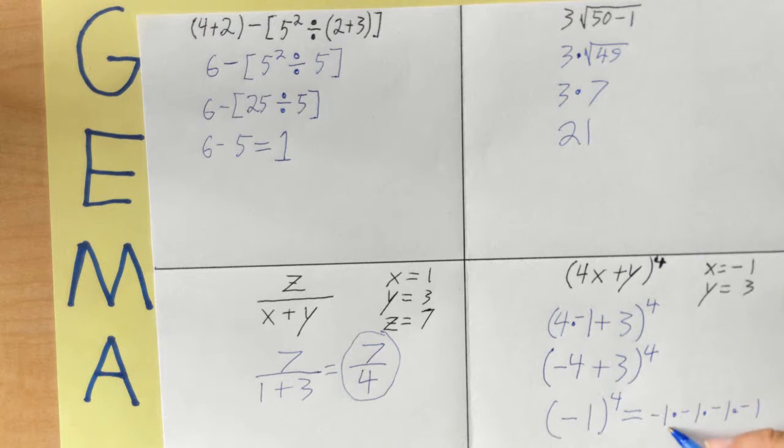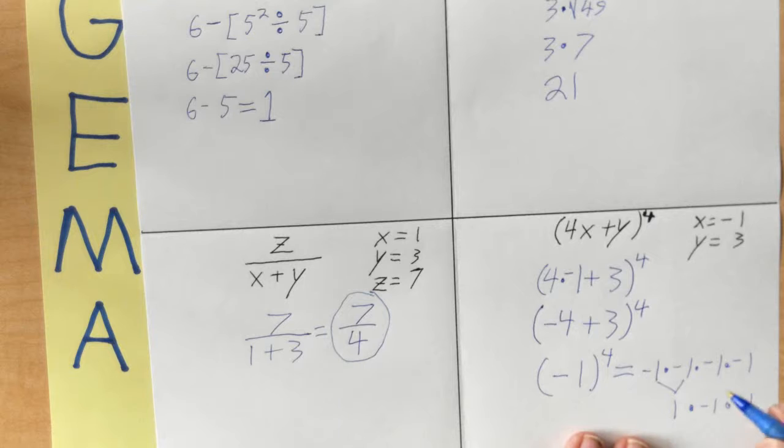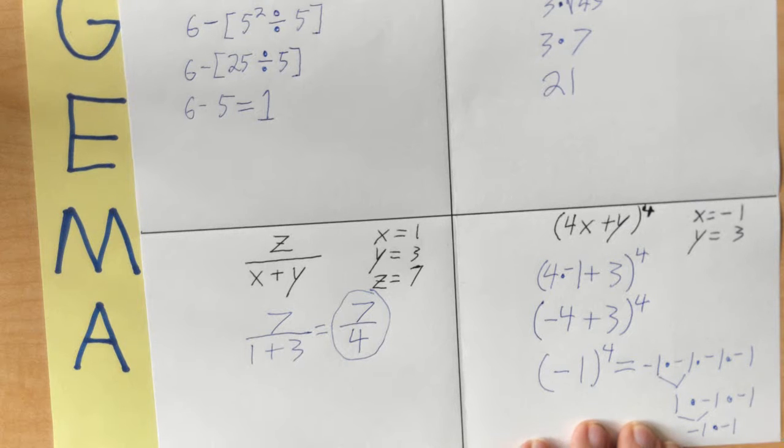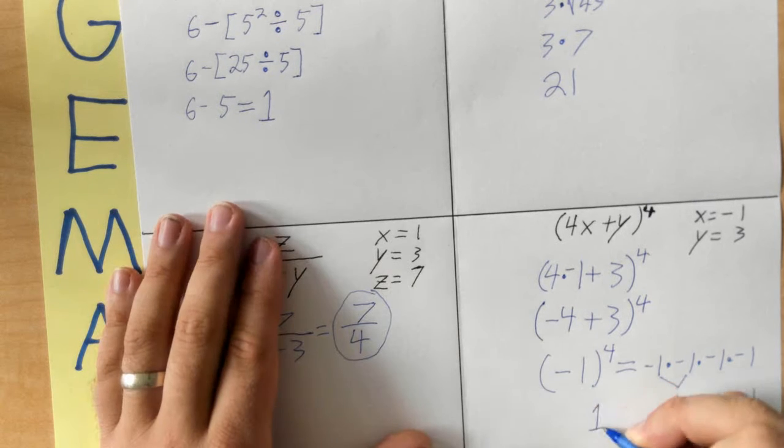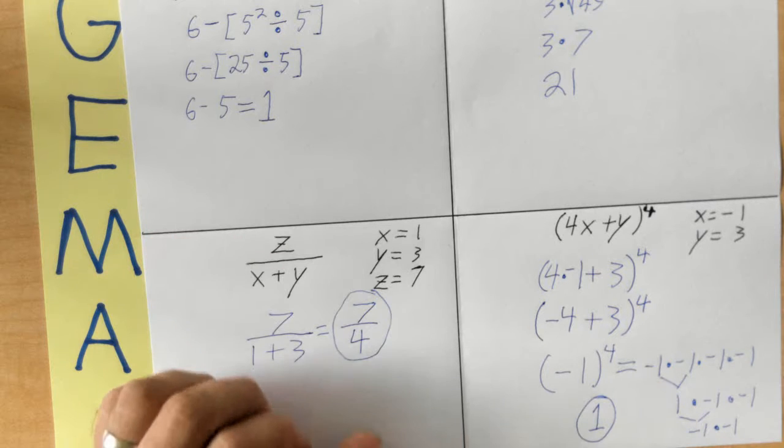Remember, 2 negatives make a positive, right? And likewise, as I said, if this was a 3, for instance, an odd number, you would have a negative 1 as an answer. But we're multiplying it by the 4th power, meaning my final answer, I'm going to write over here, is just 1.